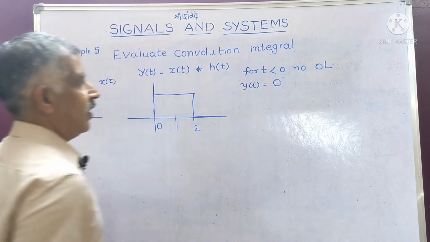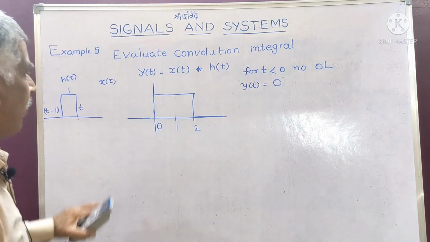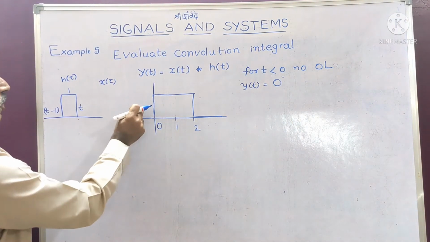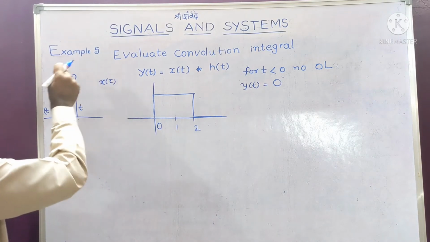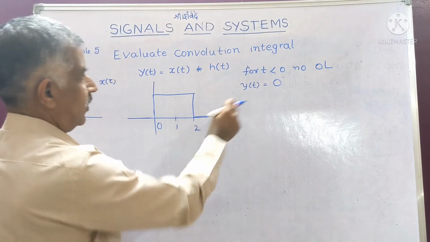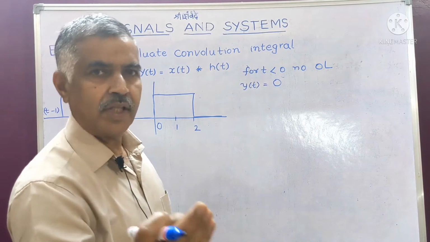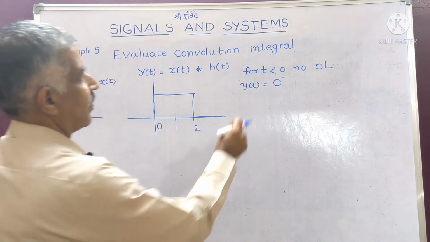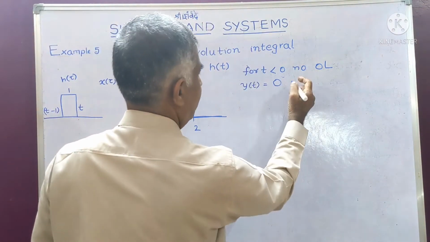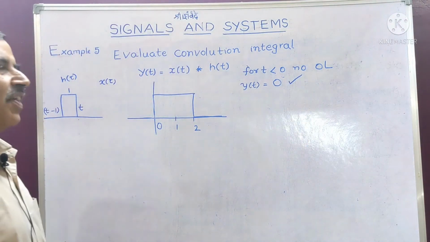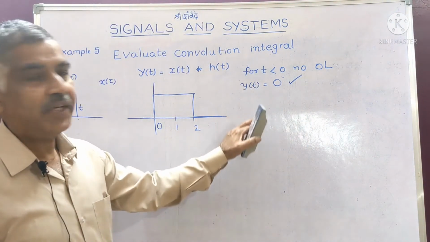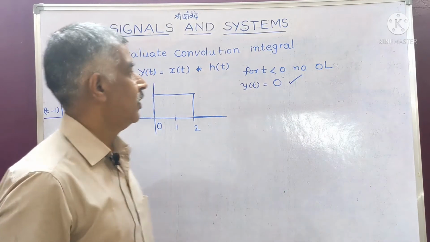Therefore, in the product term, x of tau is 0. h of tau value exists, but even if one becomes 0, the product term becomes 0. So y of t equal to 0. This is the first answer, because you have to write y(t) for each and every interval.